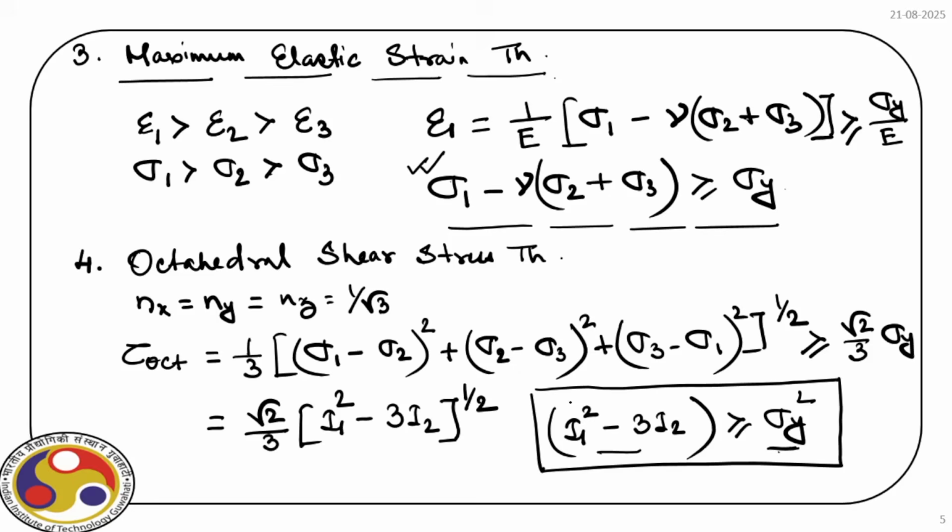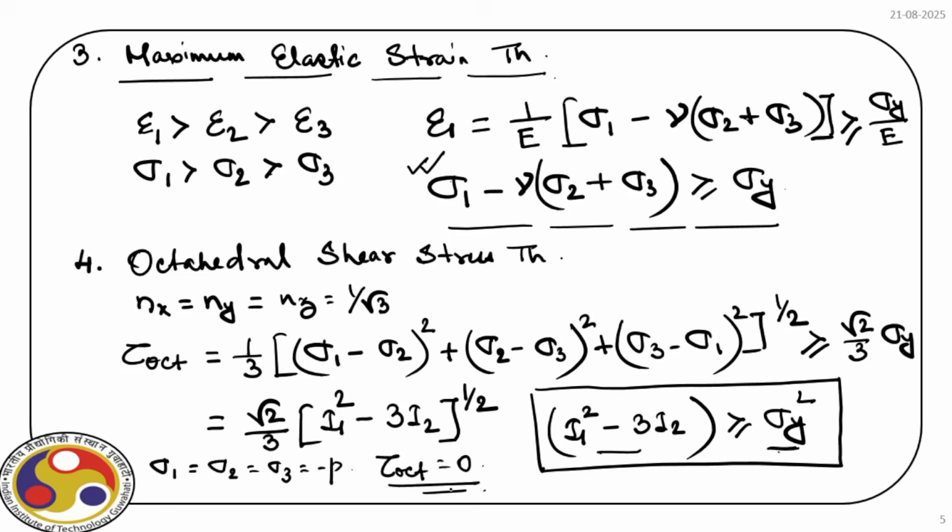Okay, now before we move further, let us recall, if we have sigma 1 equal to sigma 2 equal to sigma 3 equal to say minus p, then what is the corresponding tau octahedral? You can easily check from this expression. Tau octahedral is equal to 0, right?